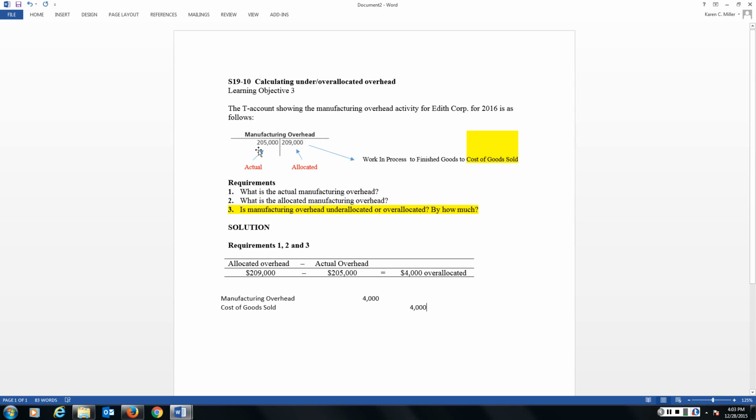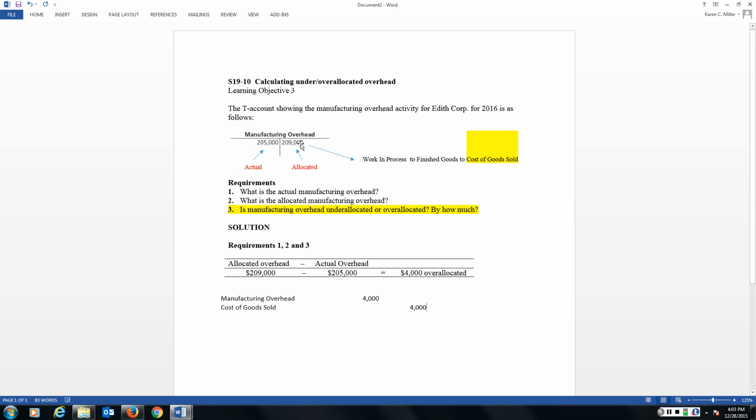On the other hand, if I would have had a debit, let's say $209,000 in manufacturing overhead versus $204,000 taken out, then I did not take out enough. And if I did not take out enough, I have under-allocated overhead.